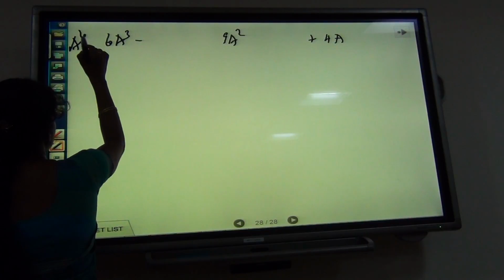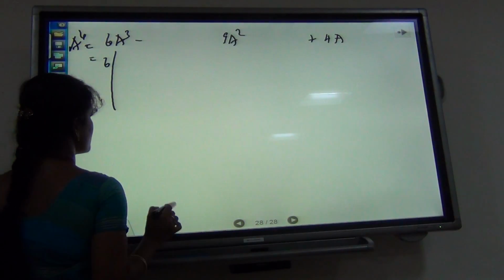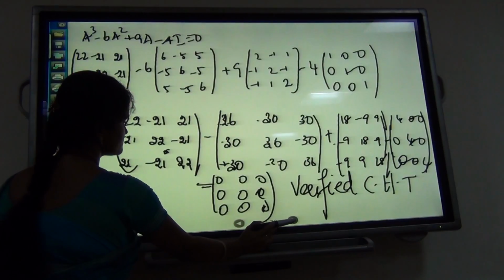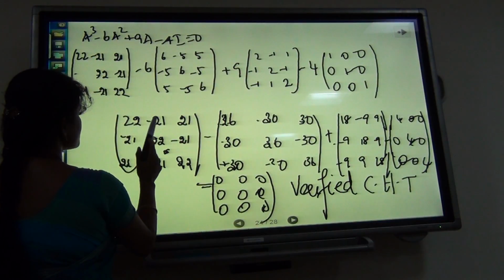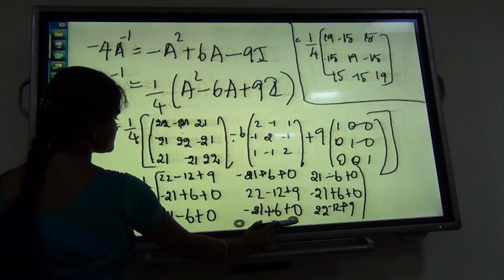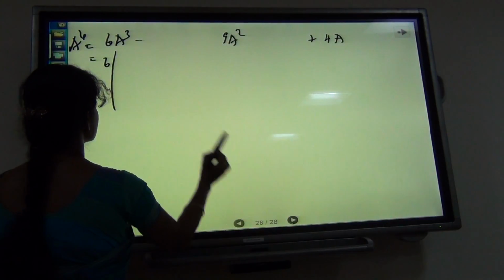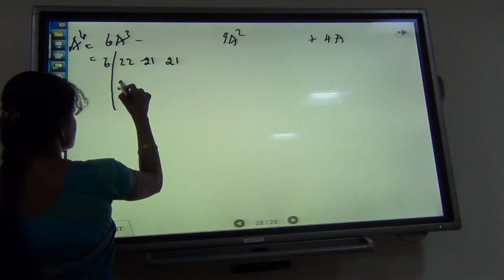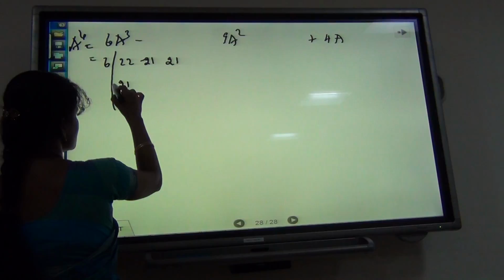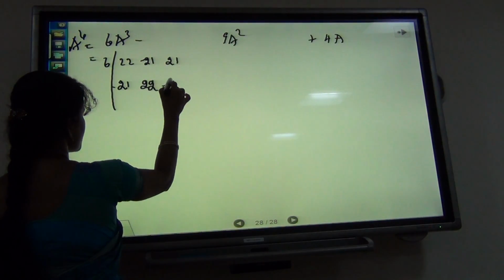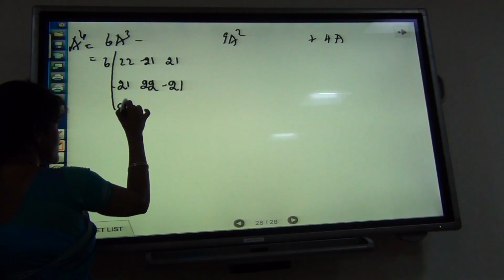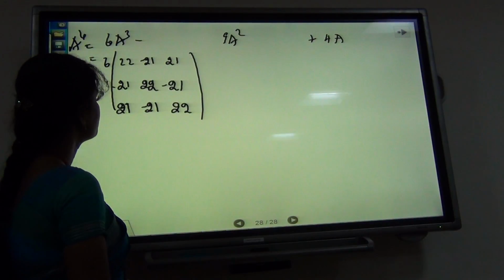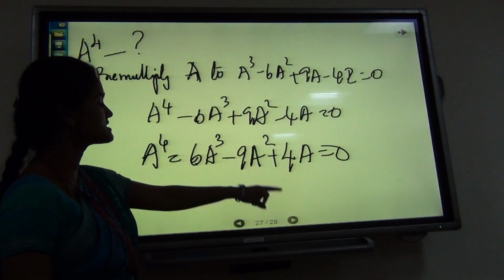A power 4 will be 6 times A cubed, minus 9 times A squared, plus 4 times A. Our A cubed is 22 minus 21, the characteristic equation, so we substitute it here.